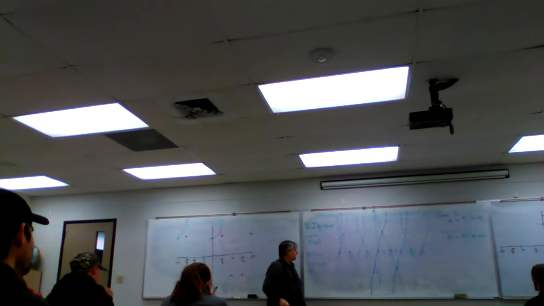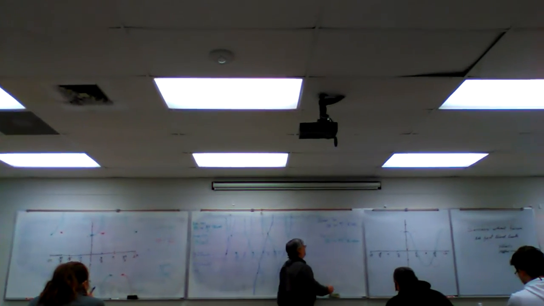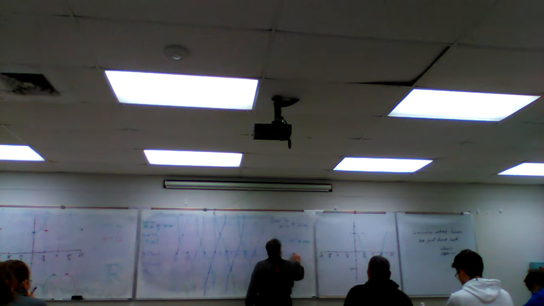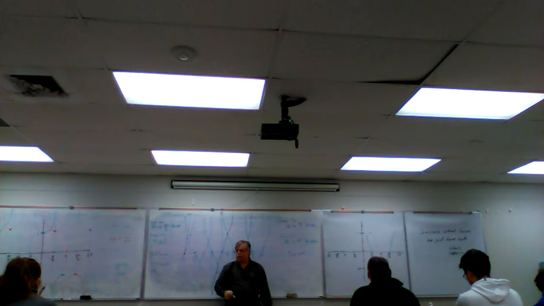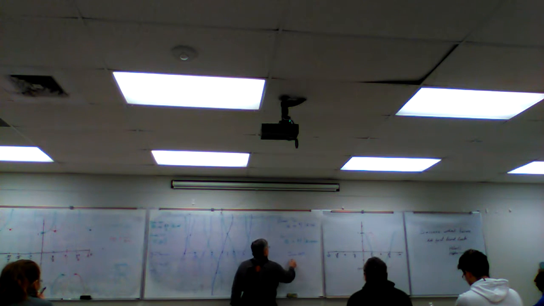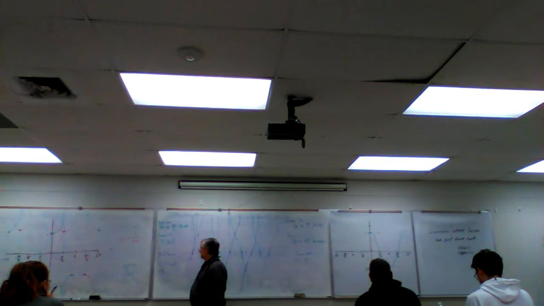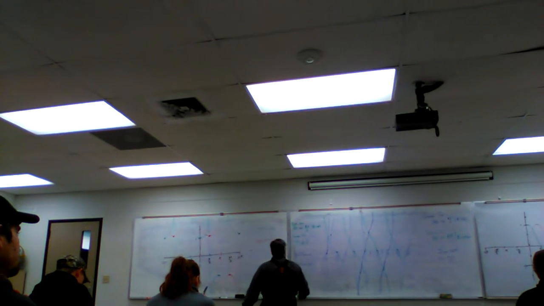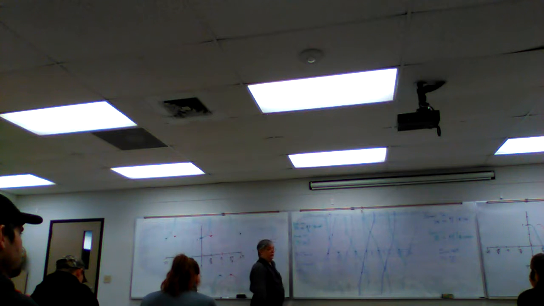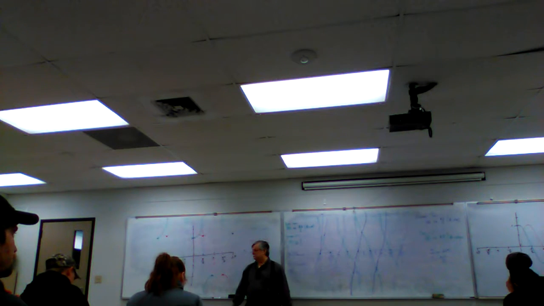Okay, what happens to the period of that? What's the period of that? The period of sine omega x is the period of sine x divided by omega. Who wants to guess what the period of tangent omega x would be?